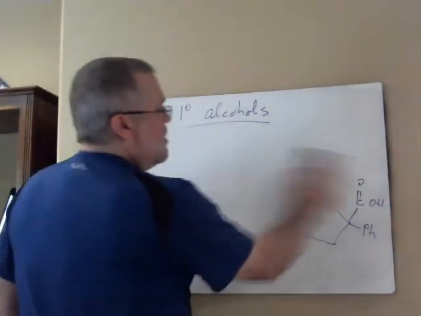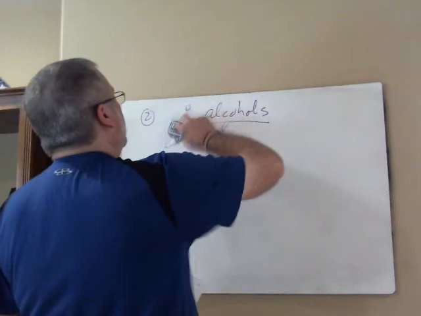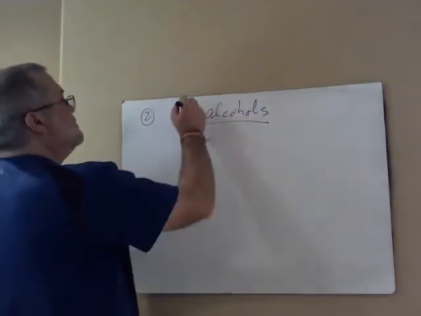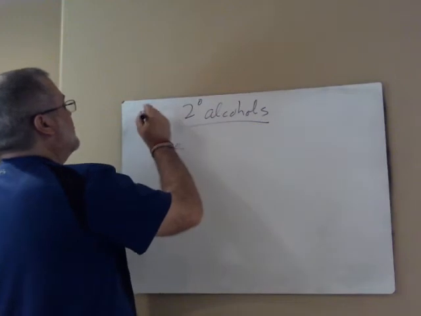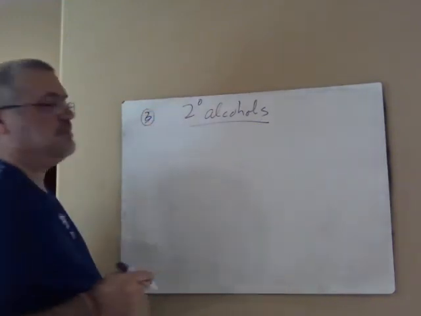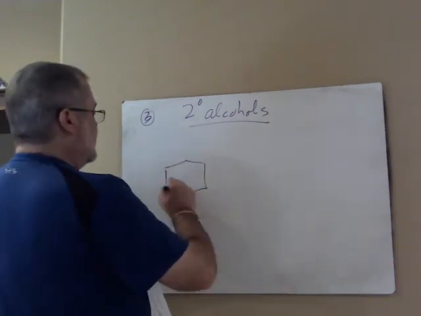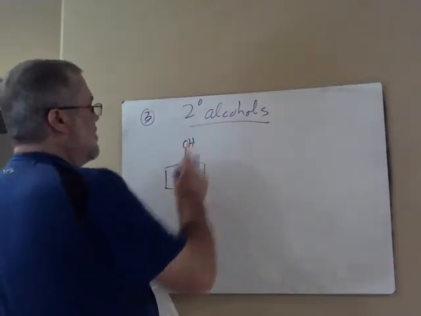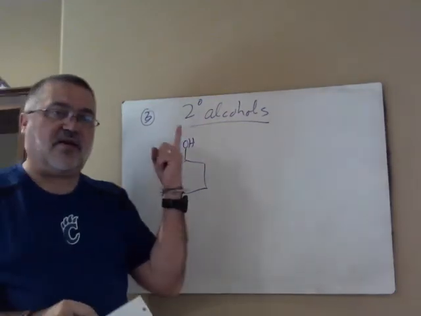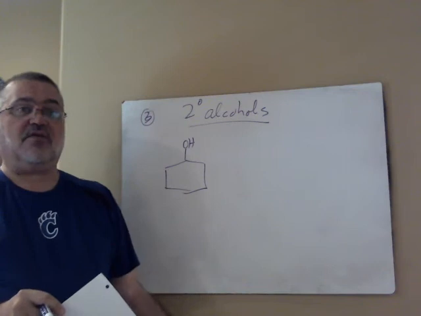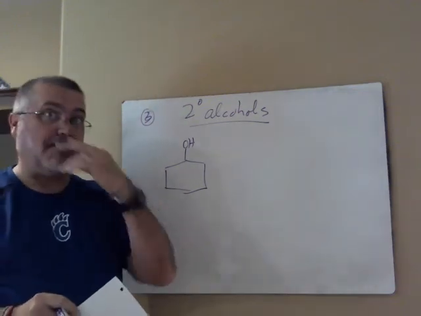All right? Well, what happens then if you have a secondary alcohol? And so let's call this 3. And so that's where you're going to have something like this. Okay, if you remember from our table, if you have a secondary alcohol, there's only one thing you can oxidize it to, a ketone. There's no partial oxidation, right?